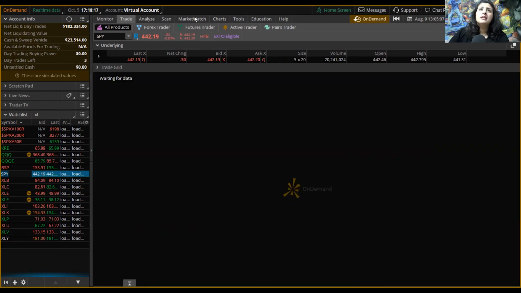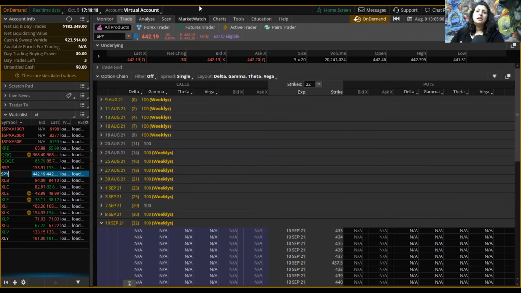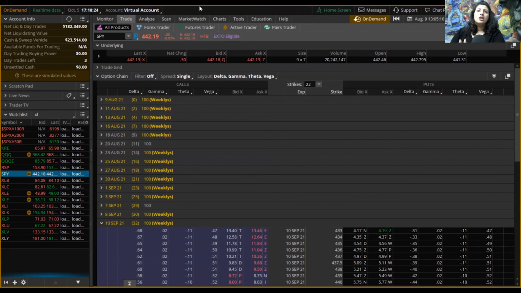But the good thing is that because it consistently moves about $2 a day, you can focus on getting a 30-cent or a 40-cent move in SPY, and then build up your thesis on which indicators work best for your entry and for staying in the trade longer or shorter.